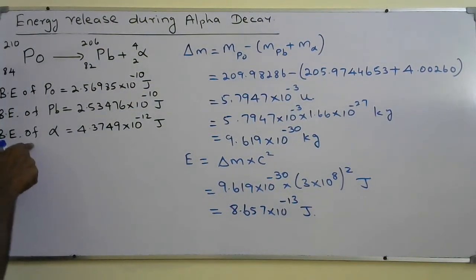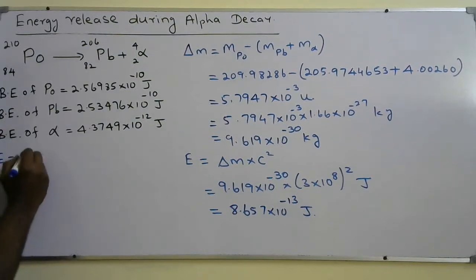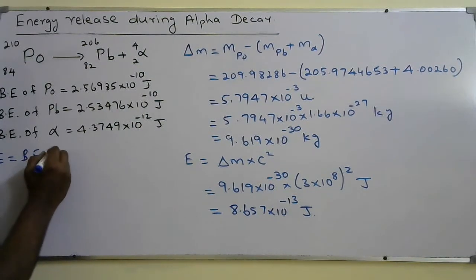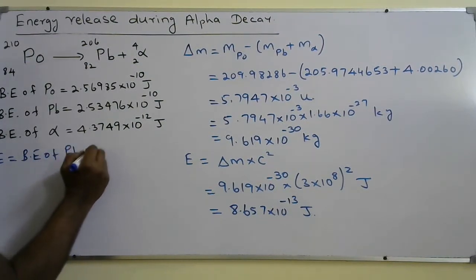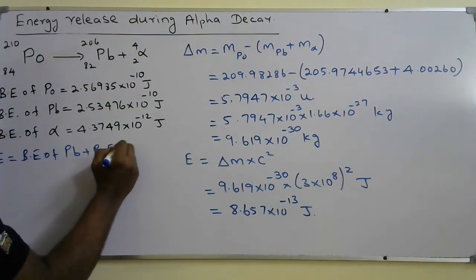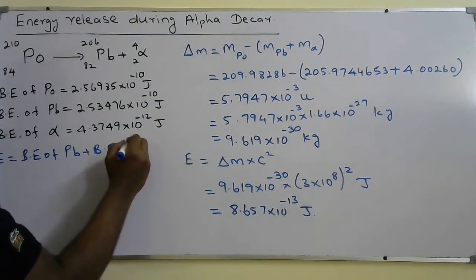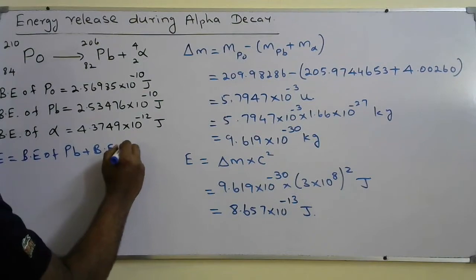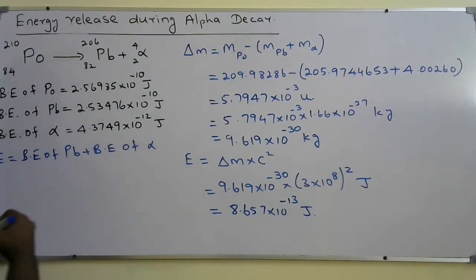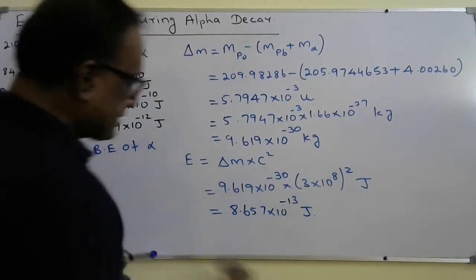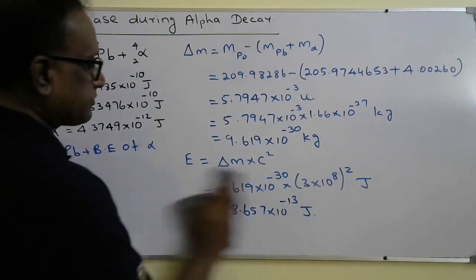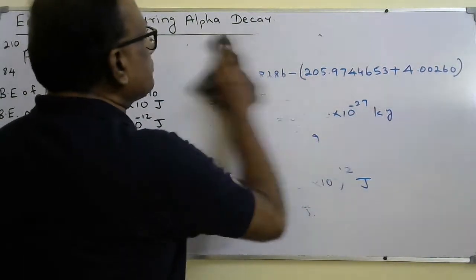So binding energy of Pb plus binding energy of alpha minus binding energy of polonium. Remember the earlier answer, 8.657 times 10 to the minus 13.